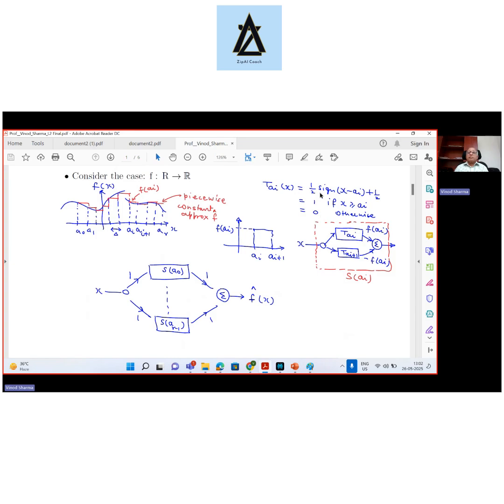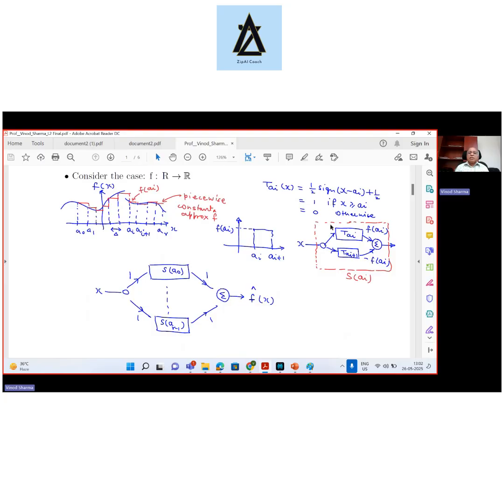This can be implemented from our sign function that we have defined in the last lecture, and you can easily see that t_ai(x) is this function. So therefore, we can implement t_ai(x) from the sign function, simply by a neural network that way.